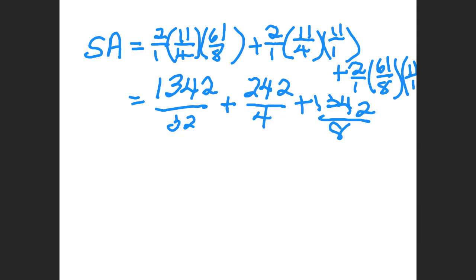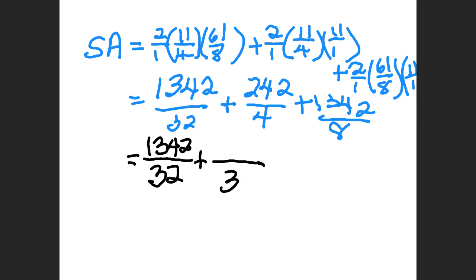Now, common denominator in this problem is 32. So I have 32, 1, 3, 4, 2. Now I need to make the second fraction 32.